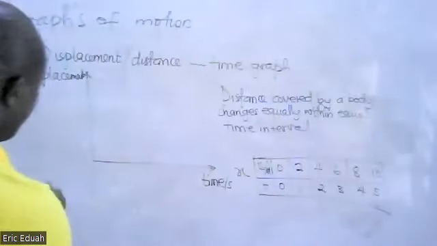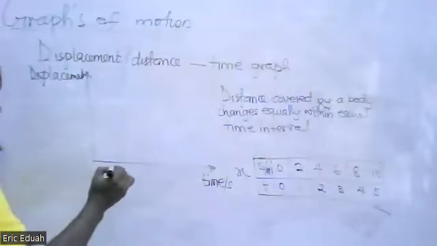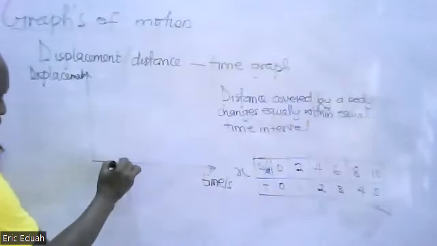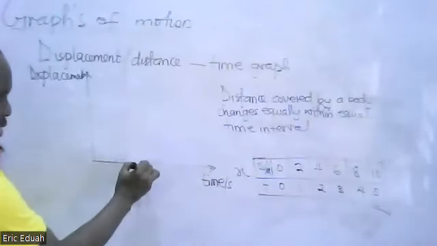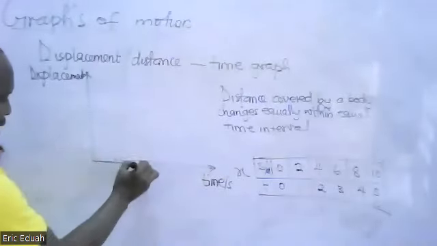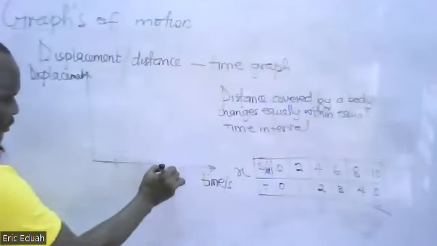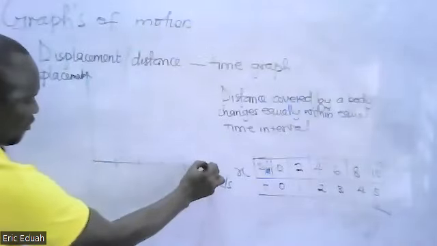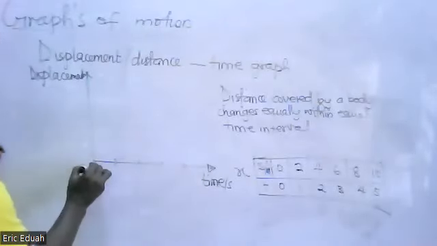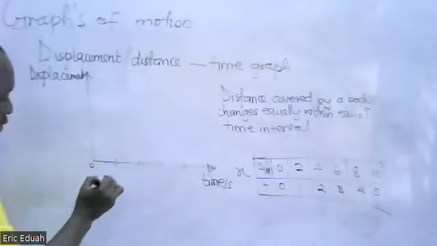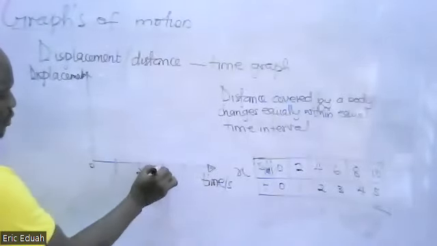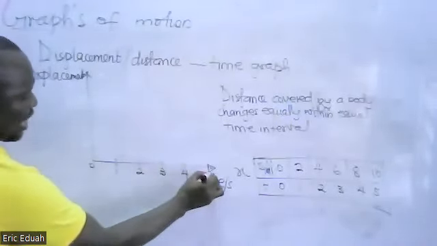Now, when we plot such a graph, this is 1, 2, 3, 4, 5. So 0 at the origin, 1, 2, 3, 4, 5.